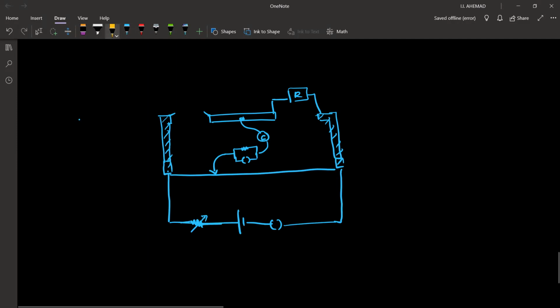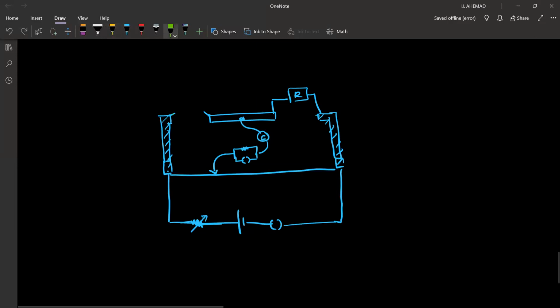For that setup, we use a beaker that is filled with paraffin wax. We avoid using water because water is conductor of heat. So what we are going to do is put this wire into the beaker.